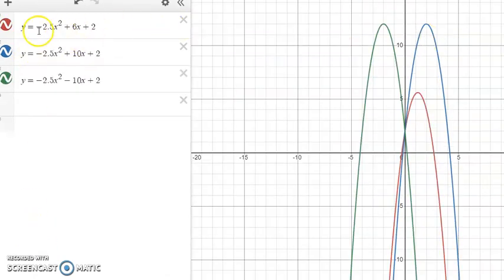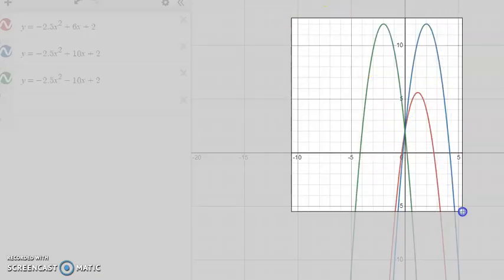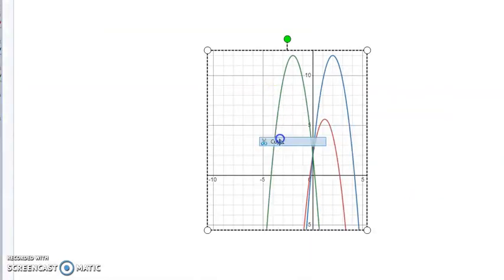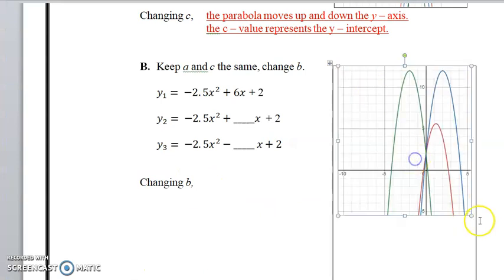So I grabbed all of the original and I made it plus 10 and minus 10, and I showed you what happened there in the previous part of the video. So I'm going to capture that for our picture. What you can sketch, and you can sketch these, or like I said, you can follow along.